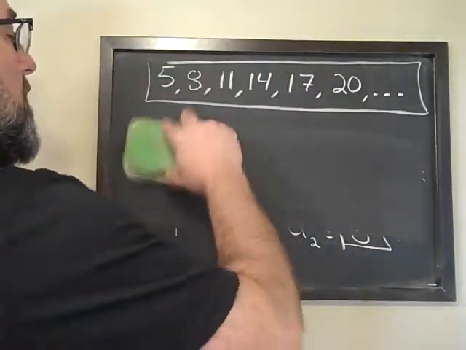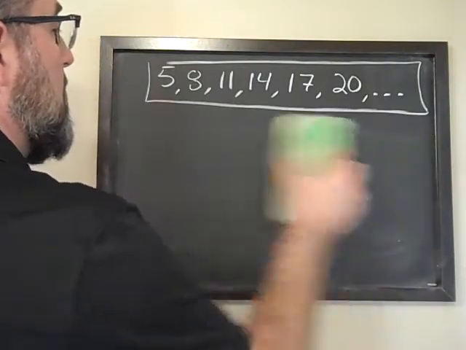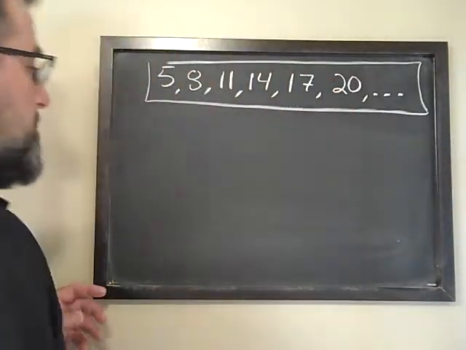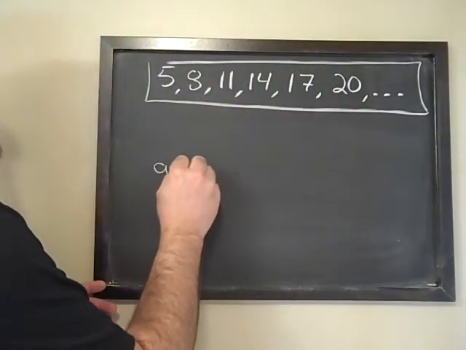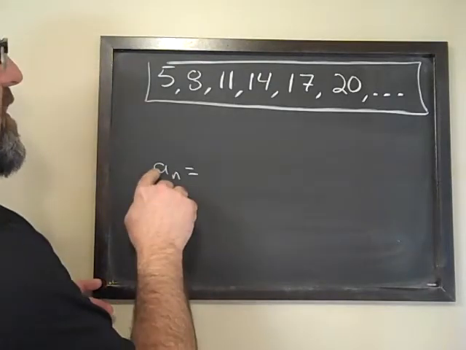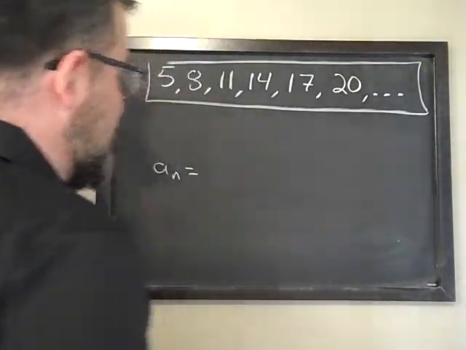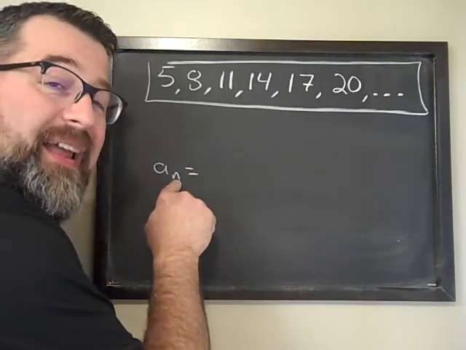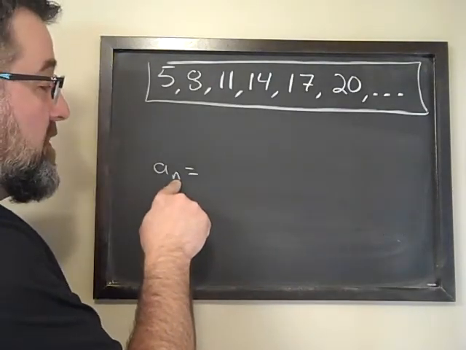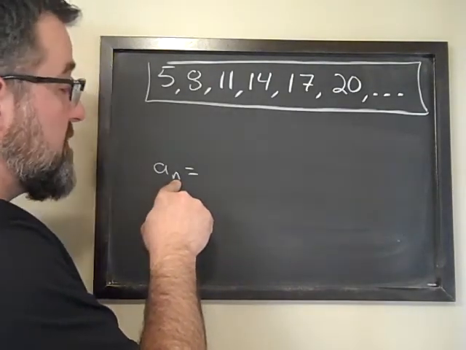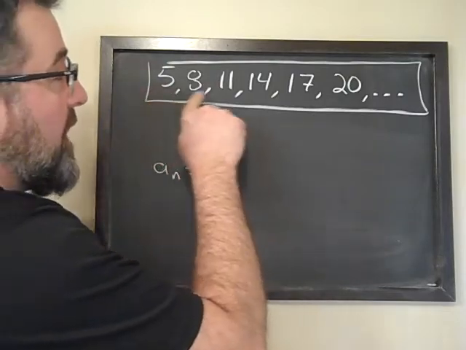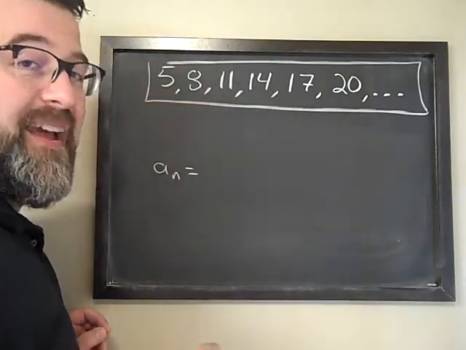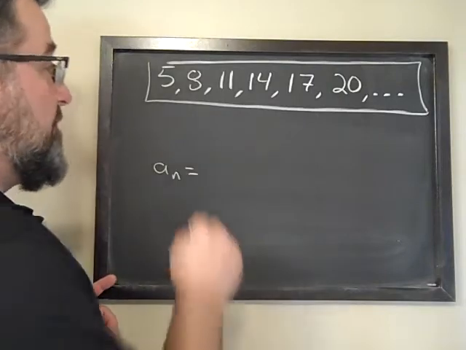So, if we understand that a sub n represents a term in the sequence, and we understand n is the position in the sequence, we should be able to look at any of these values in here and tell what n would be.